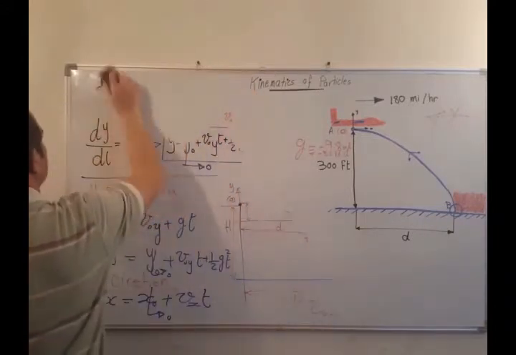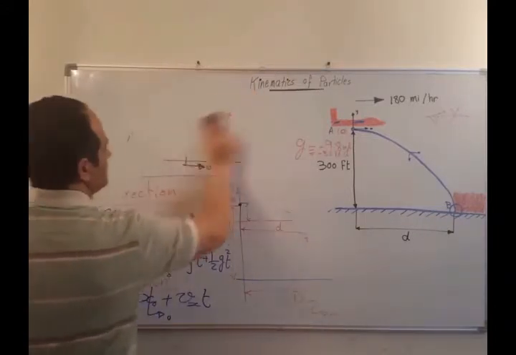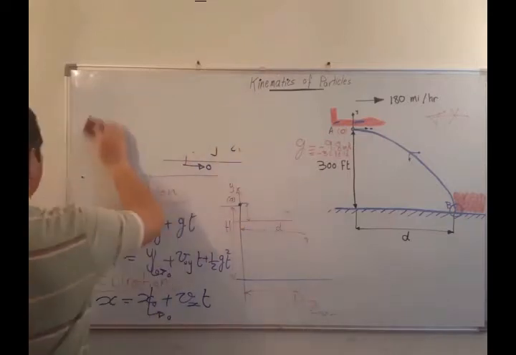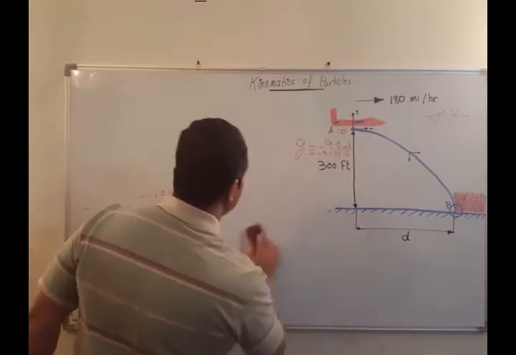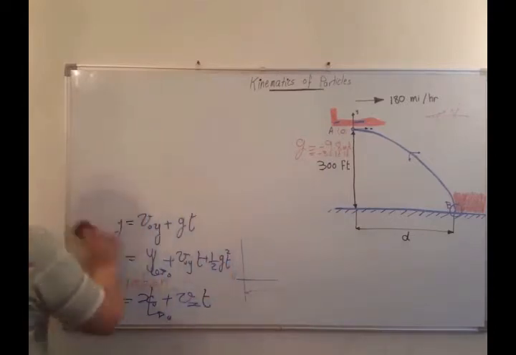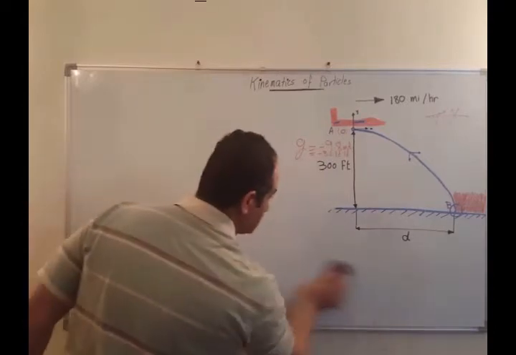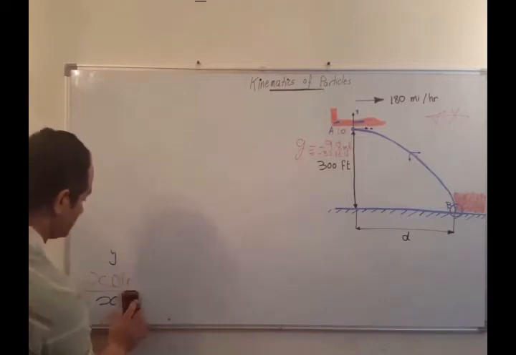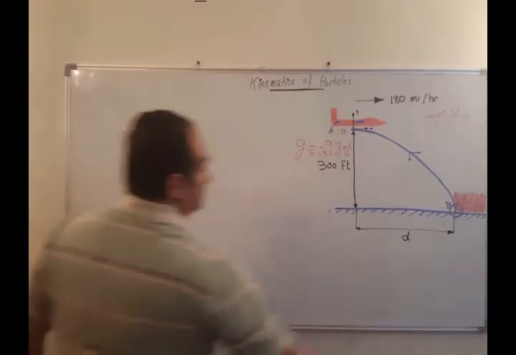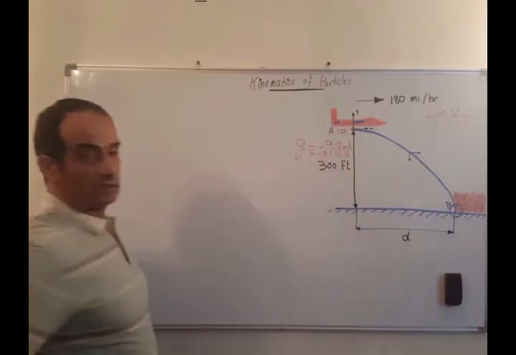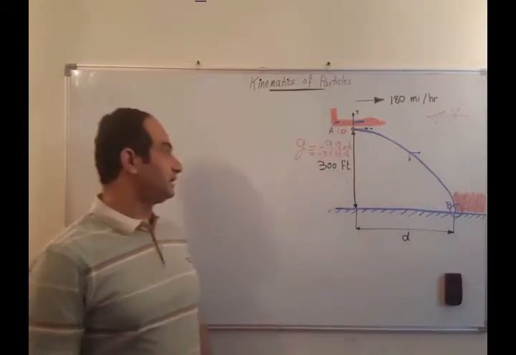Let us apply these equations on our application shown on the whiteboard. We have an aircraft flying at 180 miles per hour at a constant altitude of 300 feet.